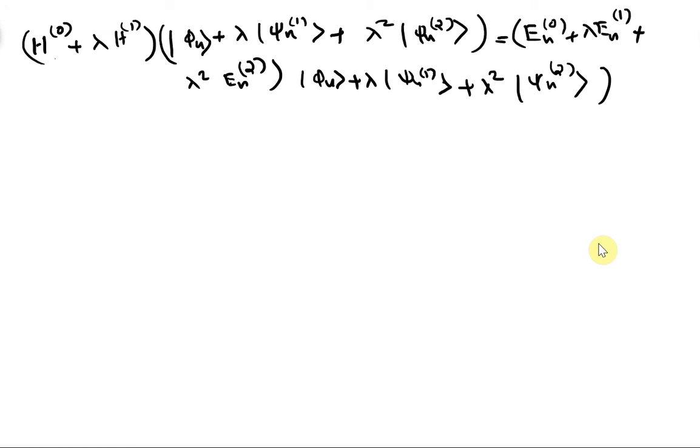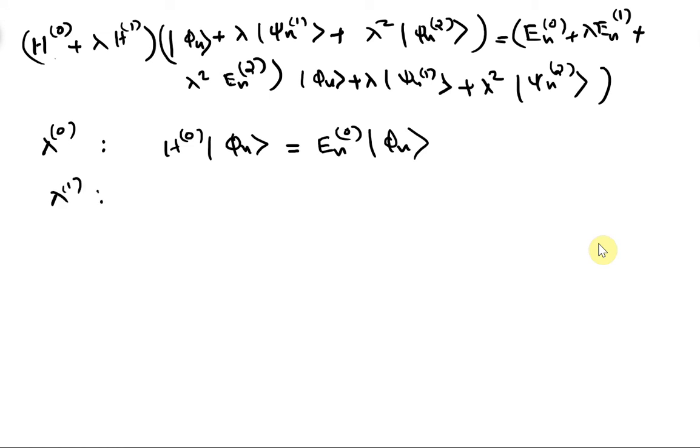So comparing the powers of lambda power 0, what we are getting is h naught into phi n is equal to En 0 into phi n. There is no other term; all other terms are having lambda.